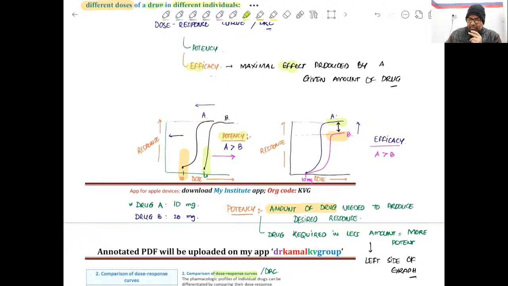Clear? So therefore the drug curve which is on upper side is more efficacious. Is that clear? And vice versa.